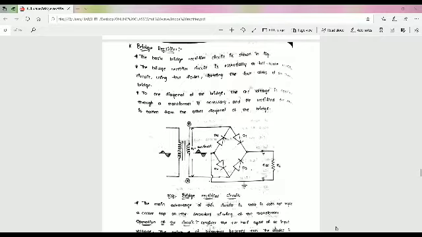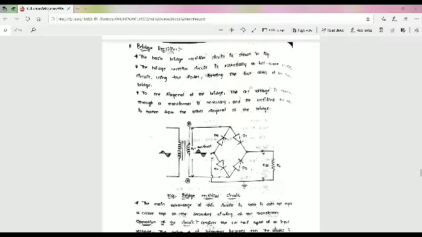Bridge rectifier circuits are mainly used as power rectifier circuits for converting AC power to DC power. The second use is in rectifier type AC meters such as the AC voltmeter, in which the AC voltage under measurement is first converted into DC and measured with a conventional meter.